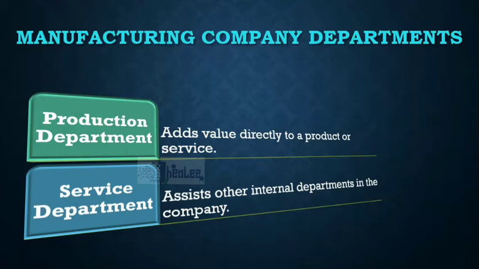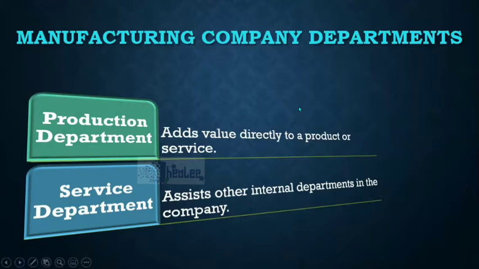This allocation is done according to the use they make of the service department. So when you are allocating to a production department, the portion that you put to that particular production department will be based on the amount of services that they use of that particular service department.